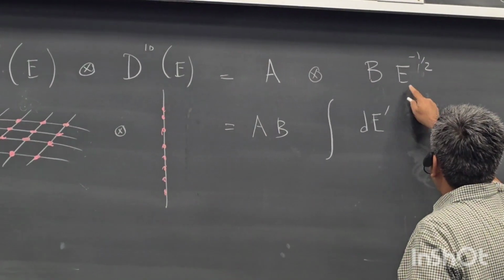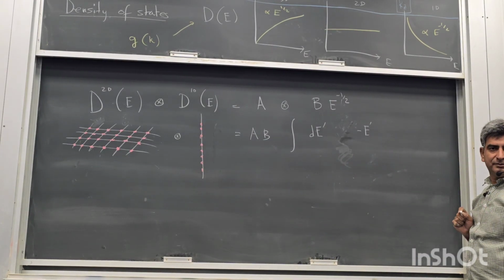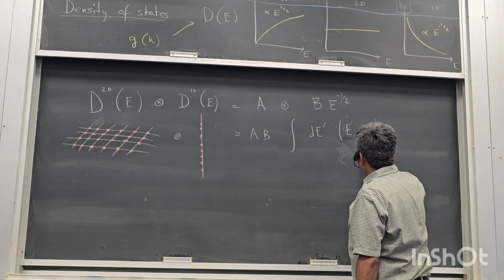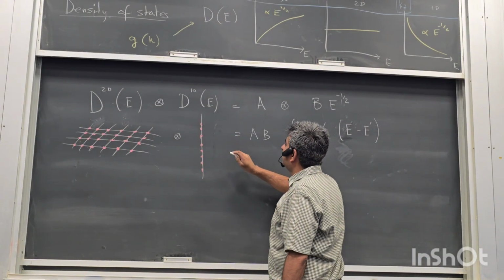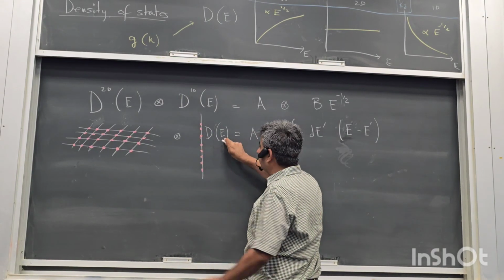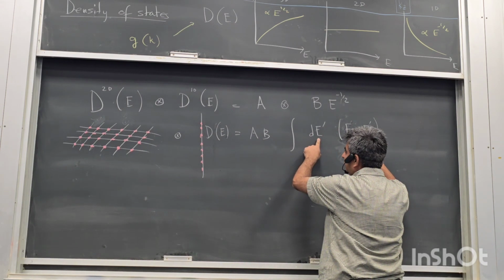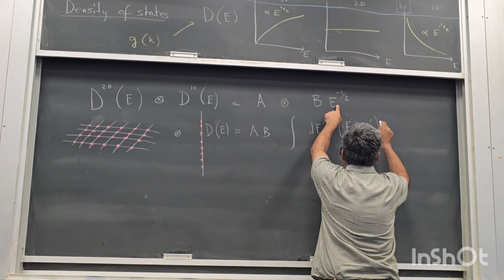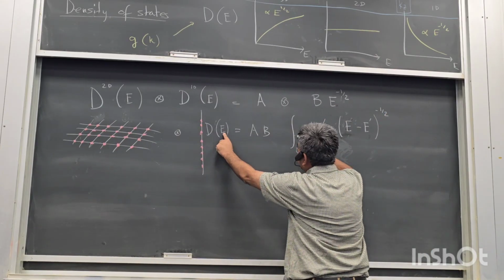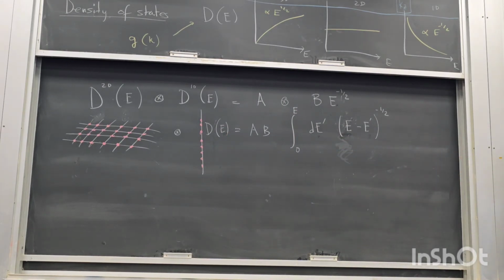And I change this E to E prime, put a minus sign with it, add to this E, because the final function that I want to find is a function of E. So this E I put here. The other E's I put as a running variable. Okay, and there's a minus 1/2 already here. And I take the integral from 0 to this E. So this is how I construct a convolution integral.